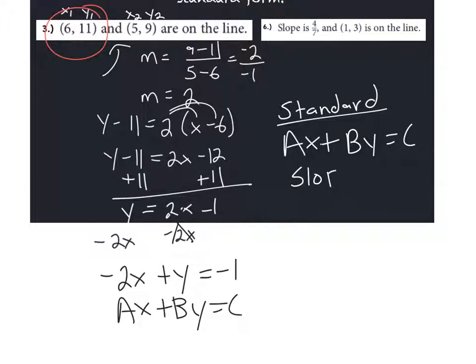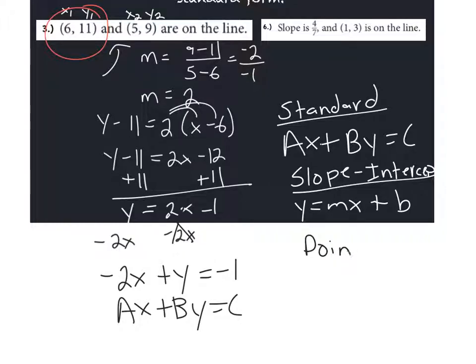Slope-intercept form, which is what we did yesterday and today, is going to be y equals mx plus b, where m is your slope and b is your y-intercept. And then this is new. Point-slope form. Well, new, I mean, we did it in this video, but we hadn't done it before today. Point-slope form is going to be y minus y1 equals m times x minus x1.